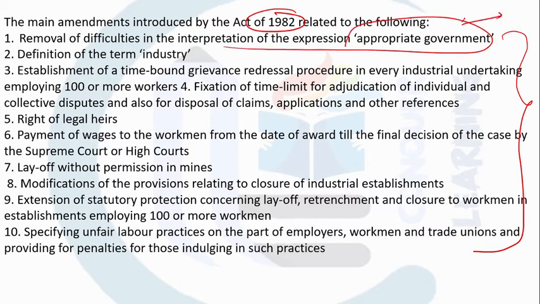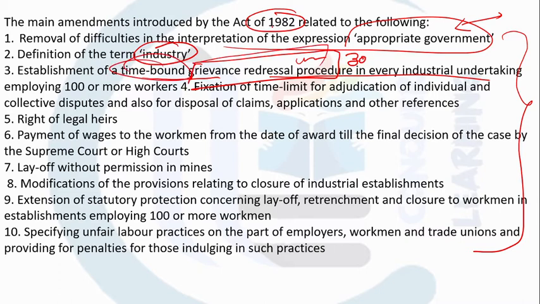So it made it easier to understand what you mean by appropriate government. It defined the term industry. It established a time-bound grievance redressal procedure. So we know grievances have to be covered in 30 days. The committee has to answer in 30 days. This time limit was introduced in 1982.